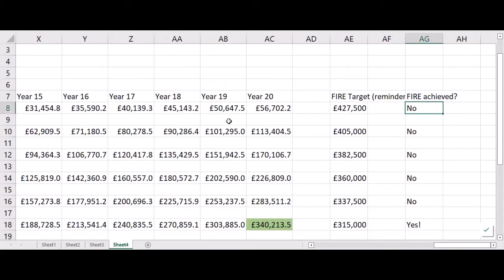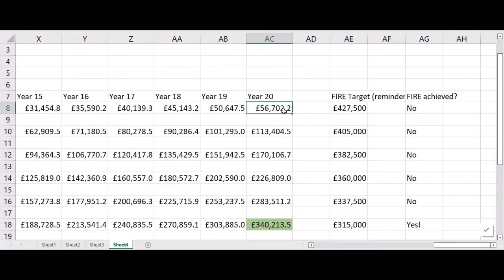This person has not achieved financial independence after 20 years. Now, that said, if you had a longer time frame to work with, it may well be that they would achieve FIRE. Although, just looking at the difference in those numbers, I would say it's probably quite a ways off.